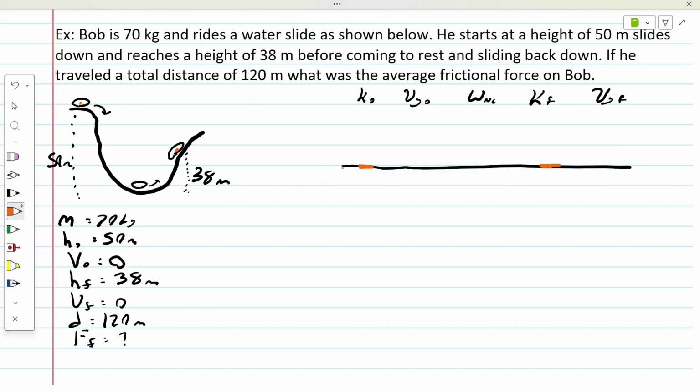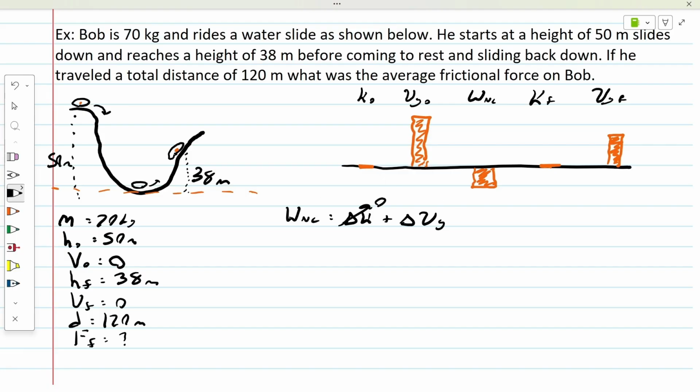But the potential energy starts at some high point of 50 meters and then reaches a final potential energy that's slightly lower but still above the reference point, which we will call the ground to make this easier. So we want to know the work, which must be some negative work that's taking energy away from the system. In this case, that's going to be the friction. So if we start with our work-energy equation, we get that the work of the non-conservative forces equals the change in the energies. We know the change in kinetic energy is just going to be 0 because they are both 0 at the initial and final.